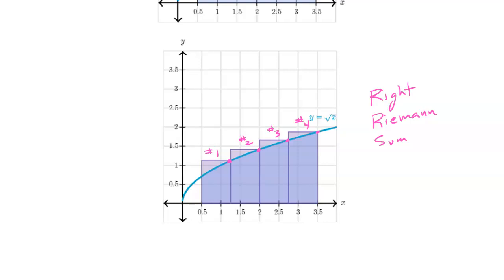Sam? I'm trying to figure out the best way to ask this question. What are we trying to do with this problem? Like, to get the answer, what are we doing? That's a great answer.